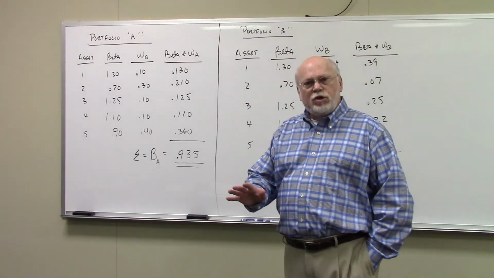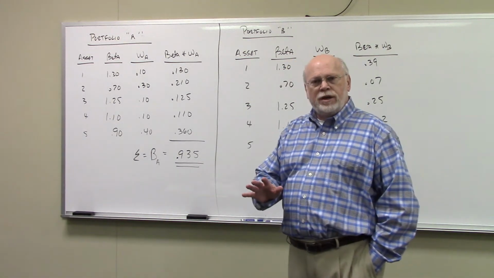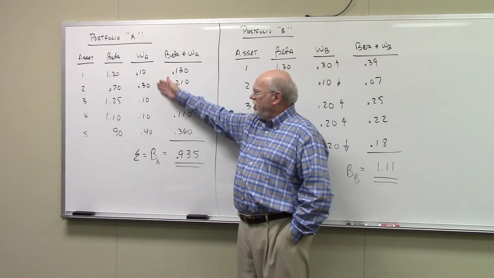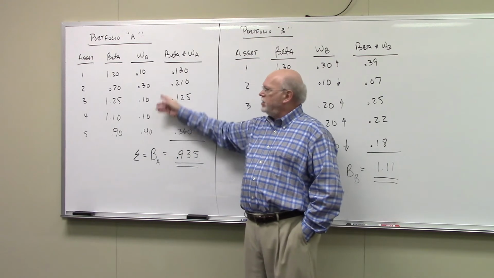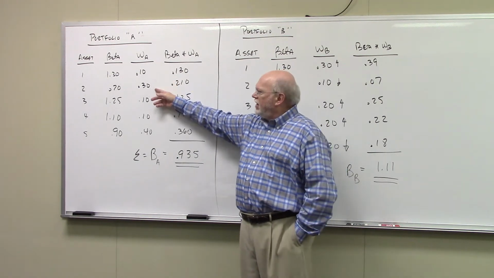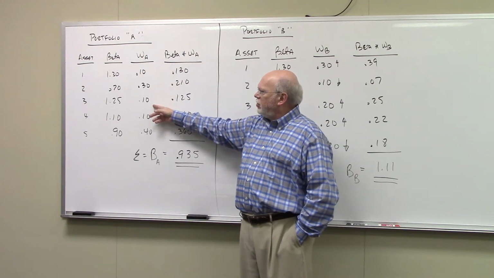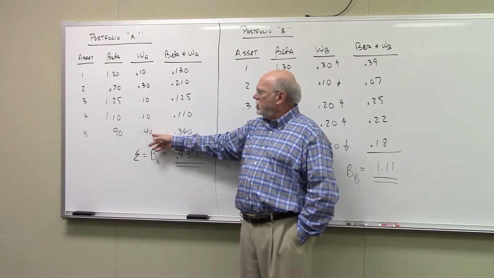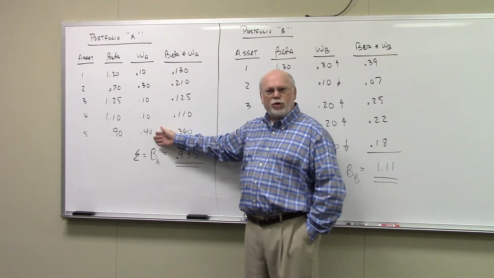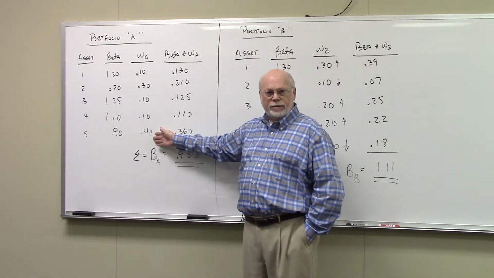Now, in the first scenario, the weights of the assets in the portfolio, that's these things here. So asset 1 makes up 10%, decimal equivalent 0.1. Asset 2, 30%, asset 3, 10%, asset 4, 10%, and asset 5, 10%. And the weights should always sum to 1, or 100%.